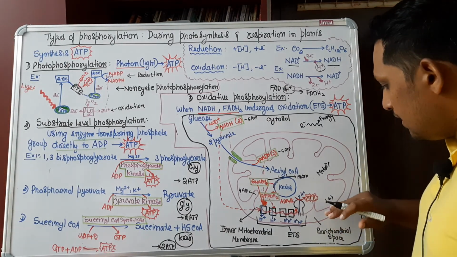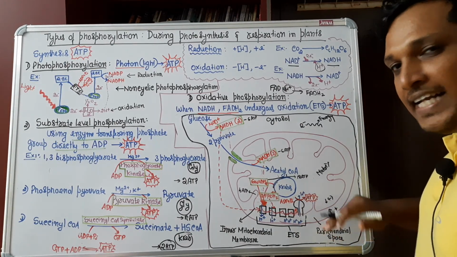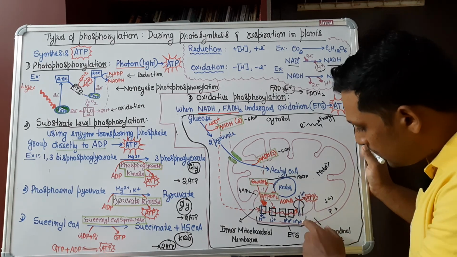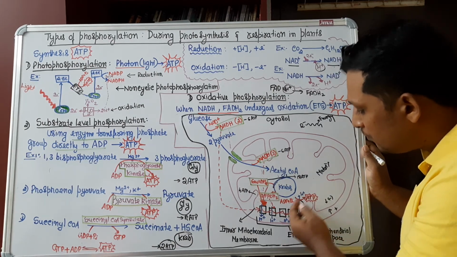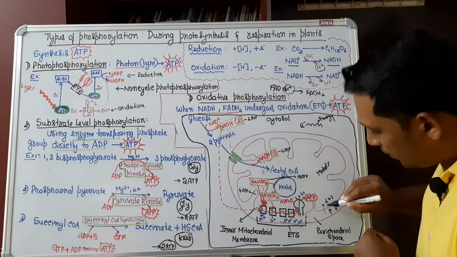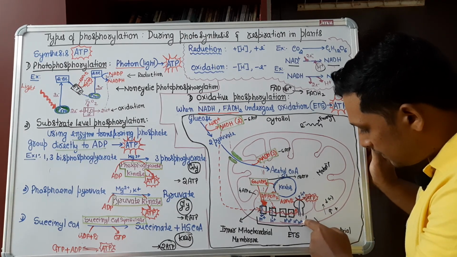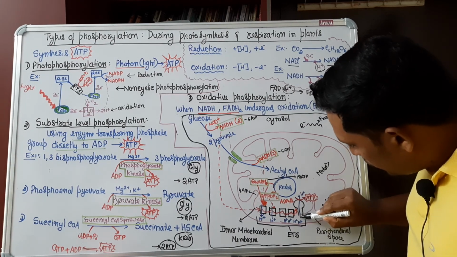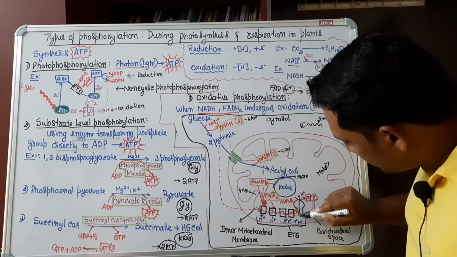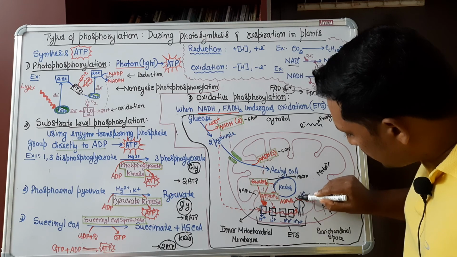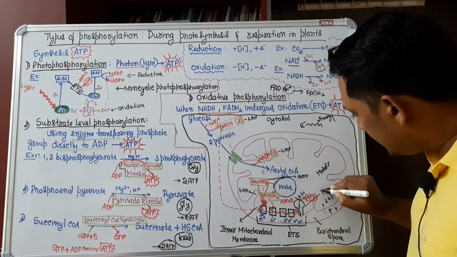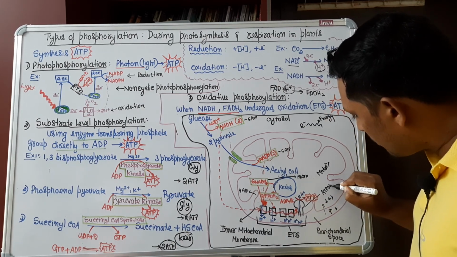There will be an electrochemical gradient which is formed. Now H plus ions cannot come through the membrane directly to the matrix because it is impermeable. Therefore the H plus ions come back to the matrix through the last complex, that is known as the ATPase complex.